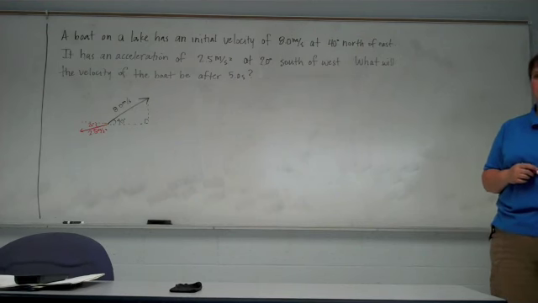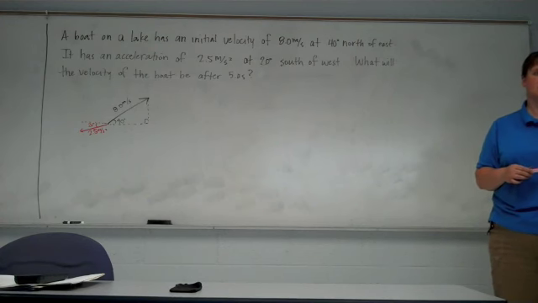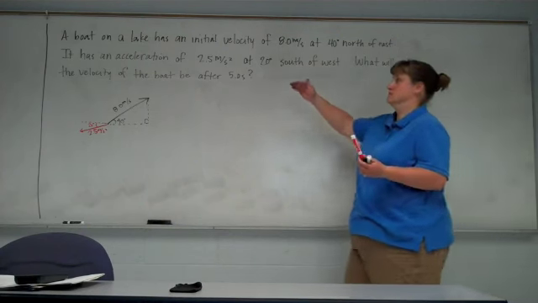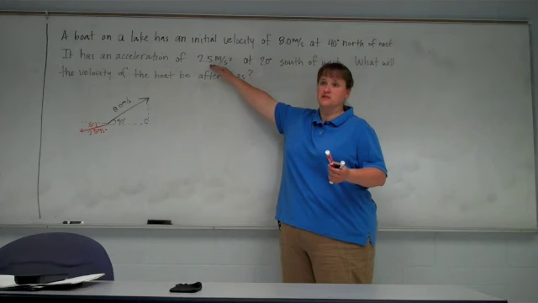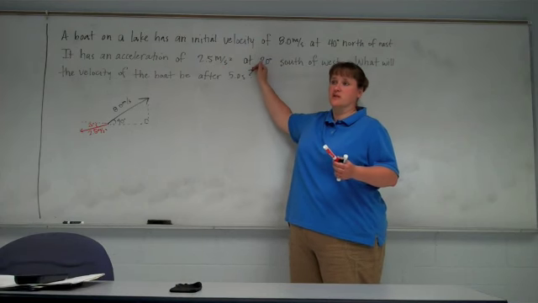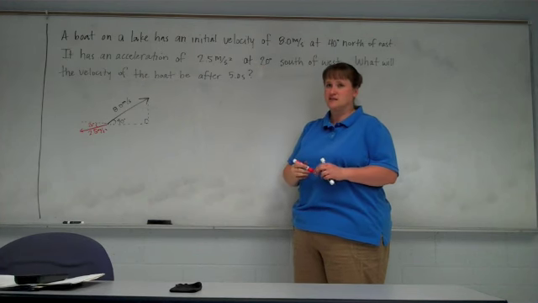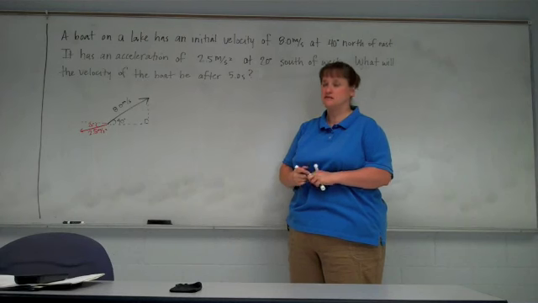This problem is acceleration constant. It has a value of 2.5 meters per second squared, angle of 20 degrees south of west. If acceleration is constant, the kinematic equations apply.